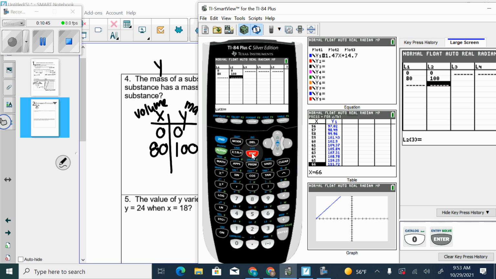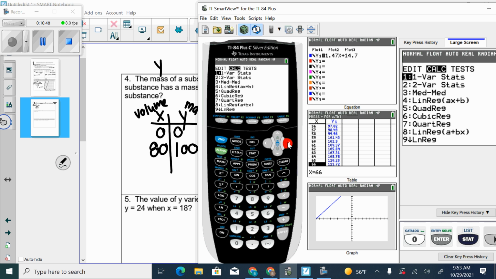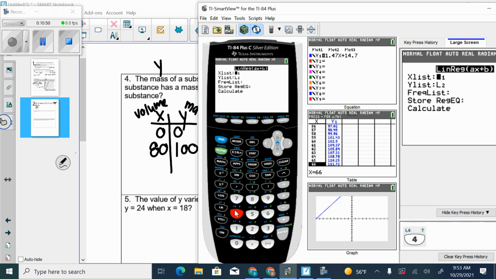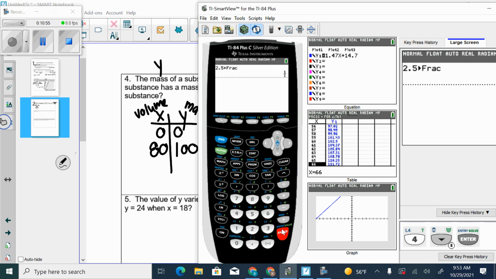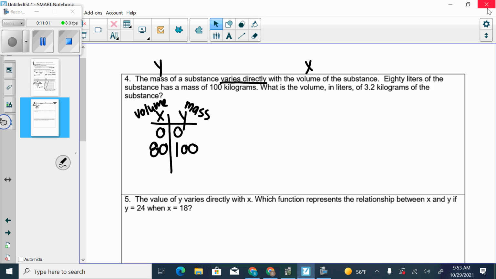Once we have those in, we go to Stat, Calc 4, go all the way to the bottom, and press Enter. Alright, so we got A is 1.25, or they called it K on the front, is 1.25. So, if I was to write this equation, I would have y equals 1.25x, and there is no plus b.